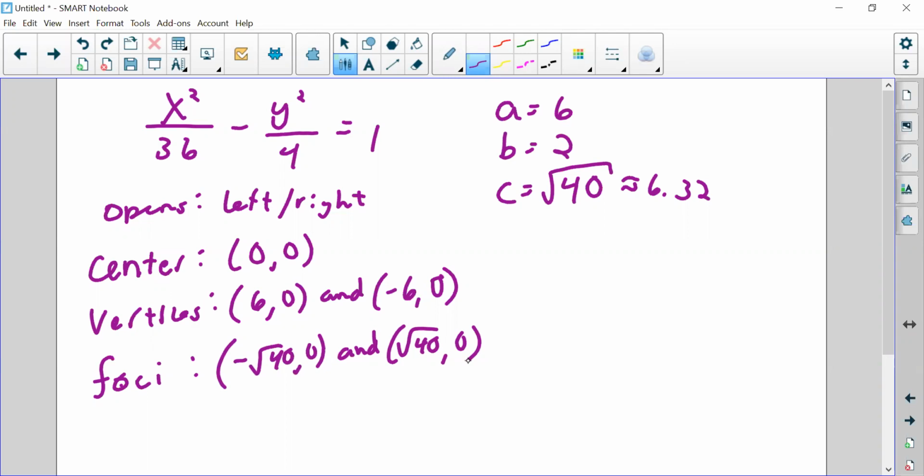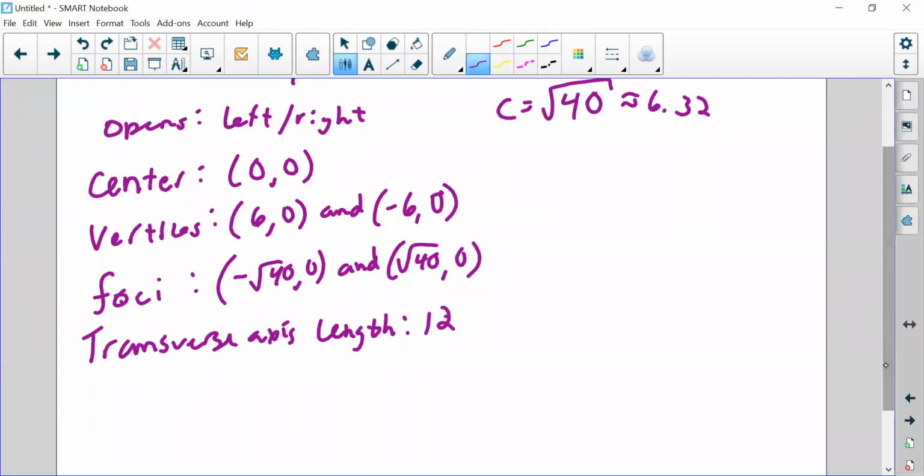Now, what is going to be the length of my transverse axis? 12. How'd you get 12? It's our A doubled. So 6 times 2 is 12. And what's the length of our conjugate axis?